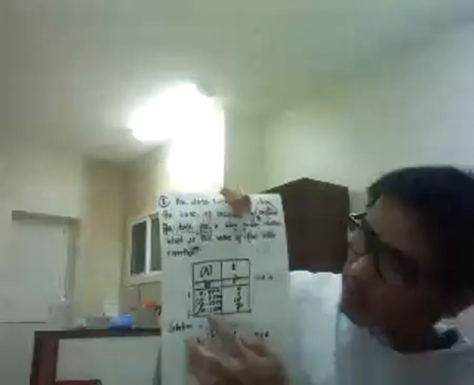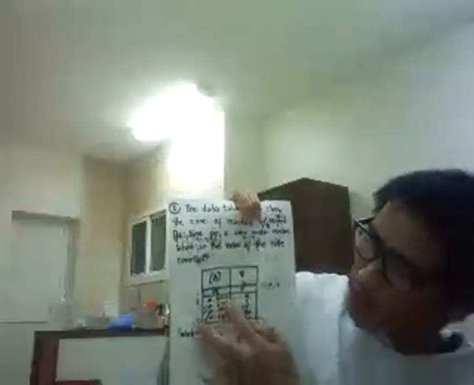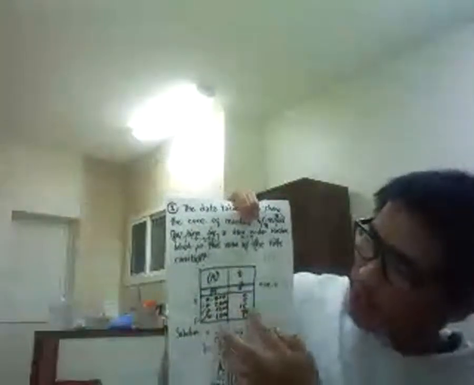Again, 0.16 minus 0.8, divided by 40. Oh, it's exact. So 0.1600 minus 0.800 divided by 40 minus 0 gives the same answer here, which is 0.016.